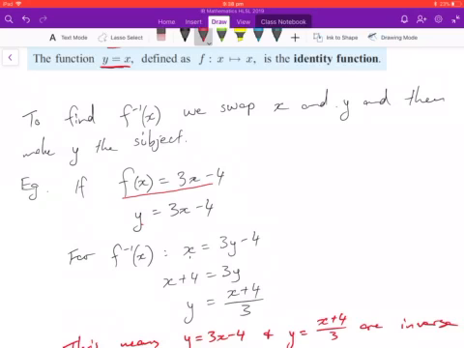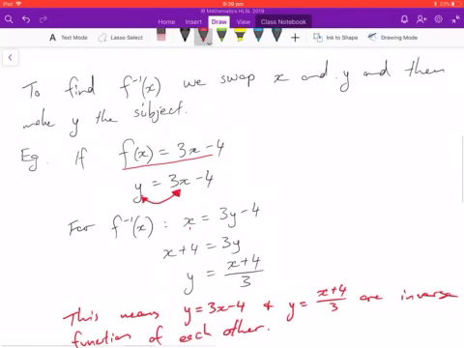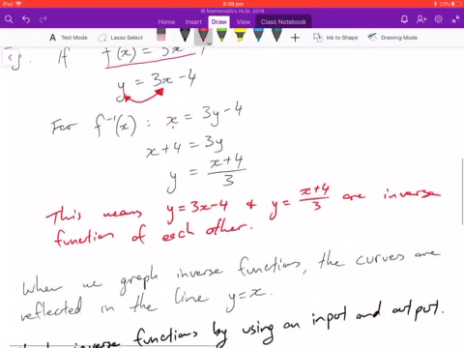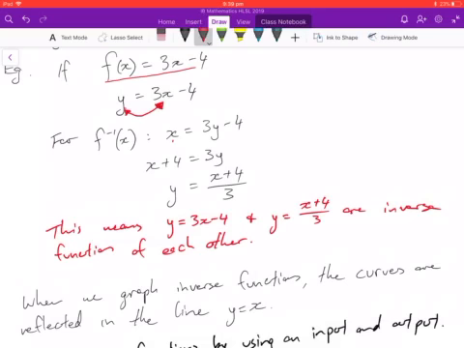In this step here, I've just swapped the x and the y. So x equals 3y minus 4. Add the 4 to both sides. You get x plus 4 equals 3y. I've just switched this order around and divided by 3. So y is equal to x plus 4 on 3.